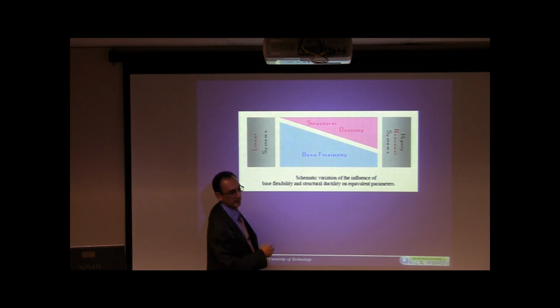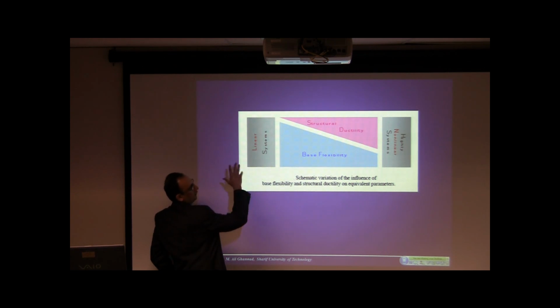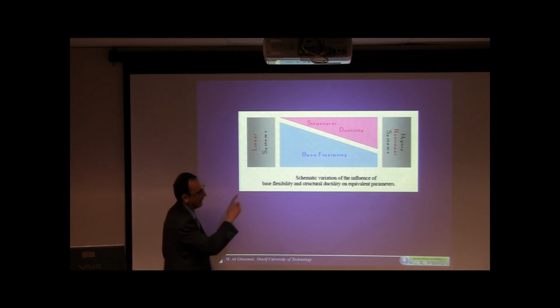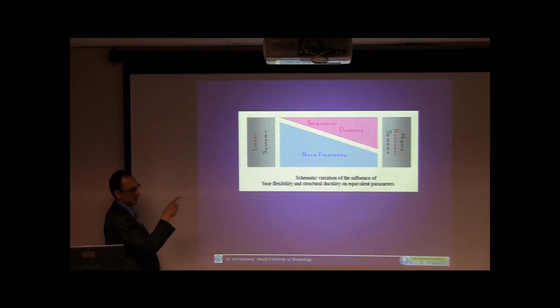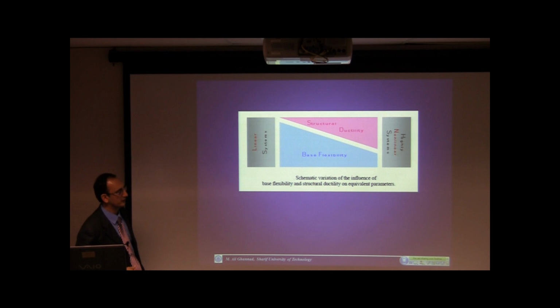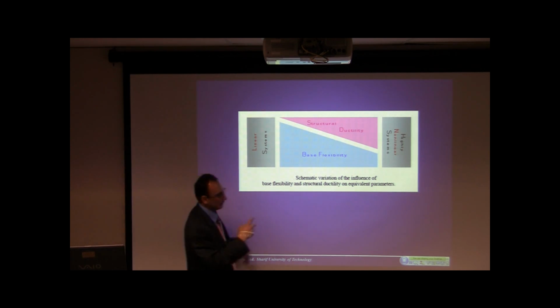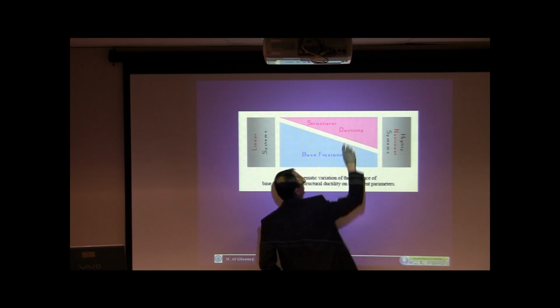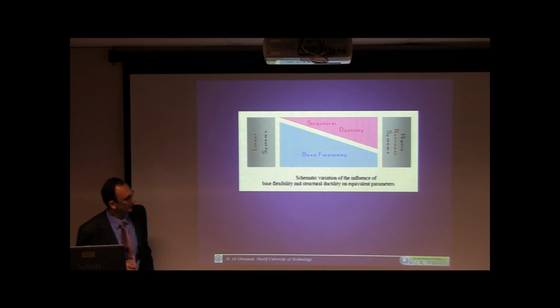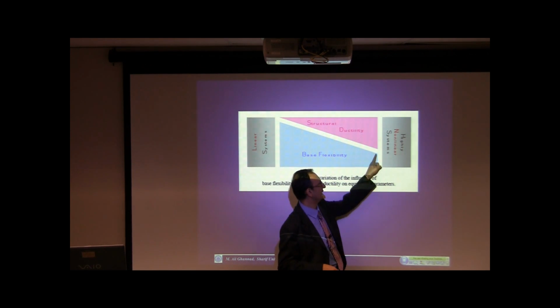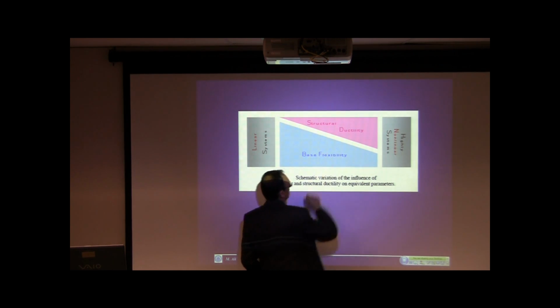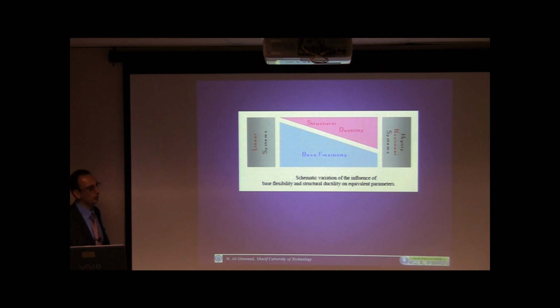For example, for the linear systems, the whole responsibility is for the base flexibility, because there is no ductility in the system. As the ductility of the system grows, it means that you enter more and more into the inelastic range. There is some portion due to base flexibility and some portion due to structural dynamics. But this will never be omitted. It means that even for the highest nonlinear structures, flexibility of soil plays some role.